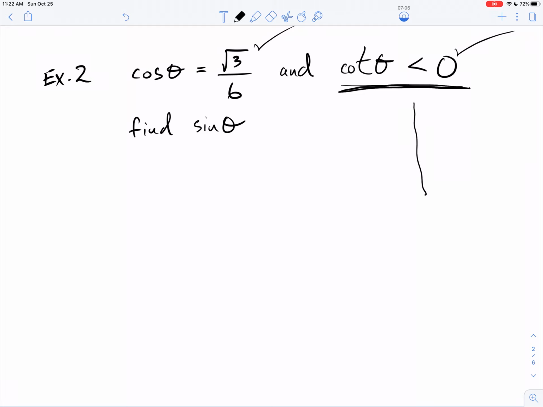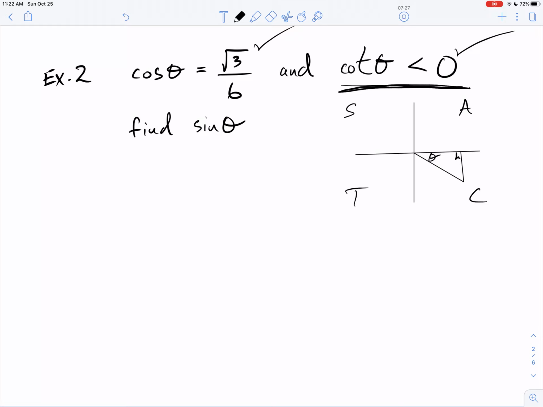Well, there's only one quadrant where both things happen. All Students Take Calculus, or whatever you want to call it. Hey, if cosine is positive and cotangent's negative, I must be in quadrant 4. So this would be the guy they're talking about.